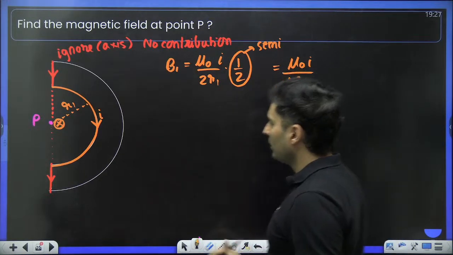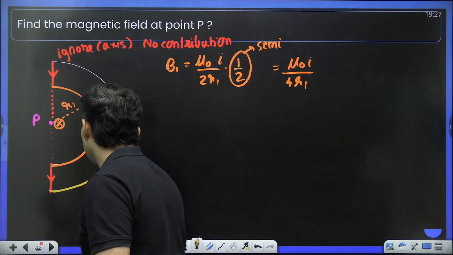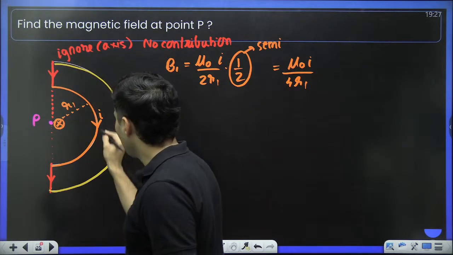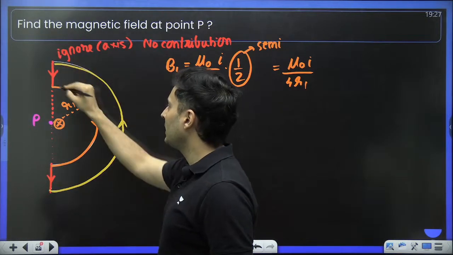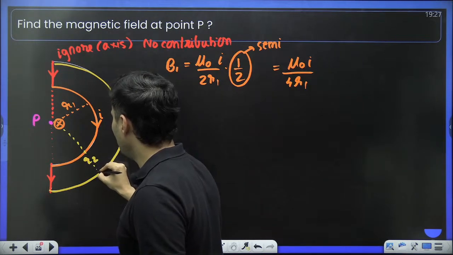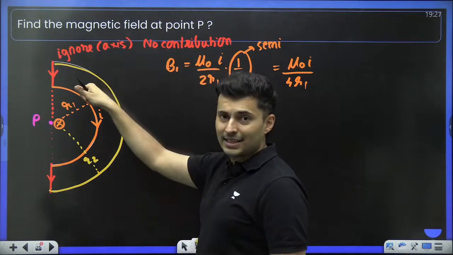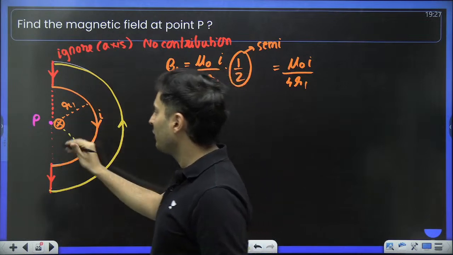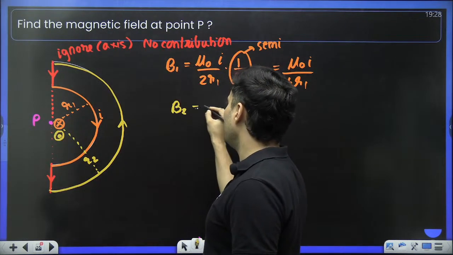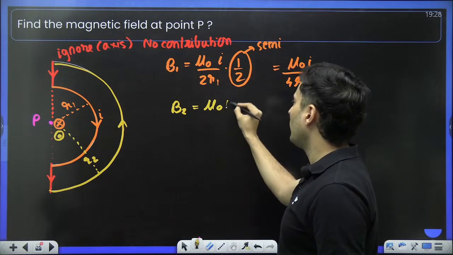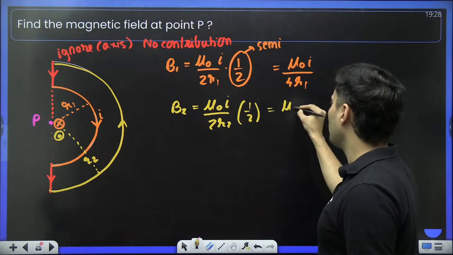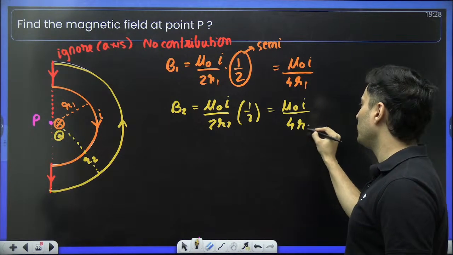Similarly, due to this outer arc, the current goes like this, it comes here, then goes like that, comes back over here. That radius, let's say it is R2, the current is going exactly opposite. So the magnetic field will be towards me. That magnetic field will be very similar to this, mu naught I by 2R2 again into half, which will make it mu naught I by 4R2.